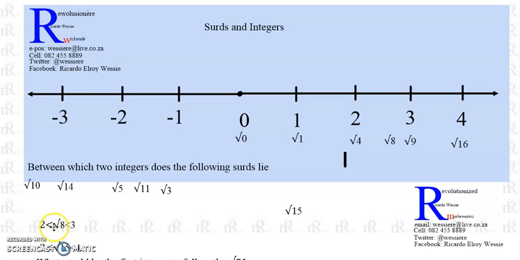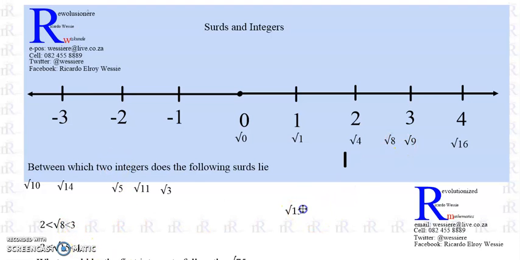The square root of 8 is greater than 2 but smaller than 3. Remember, where the mouth is open, we call that side greater than, and where the mouth is, the back of the throat would be a smaller area, so that would be smaller than 3.